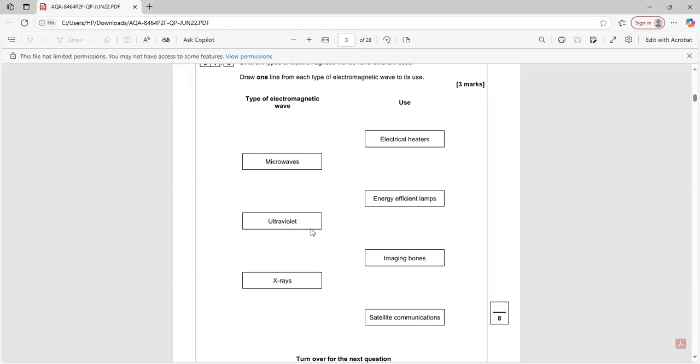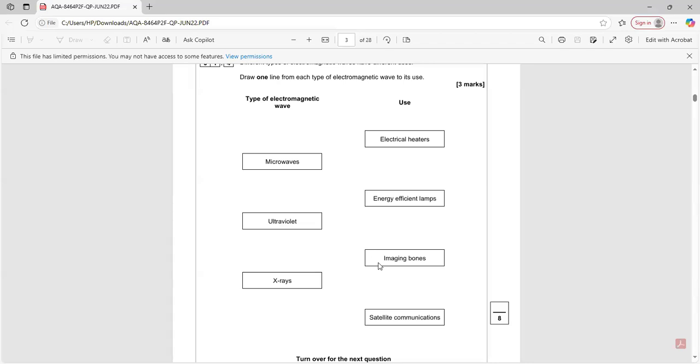Ultraviolet is from, let's see. Now that's one I'm not too sure of. But I know that X-rays has to do with imaging bones, for seeing how the bone structure is.